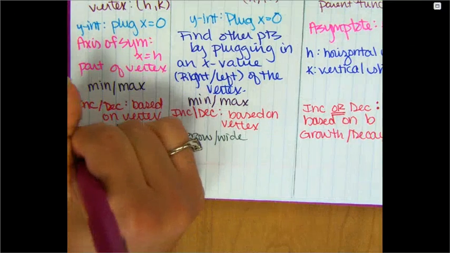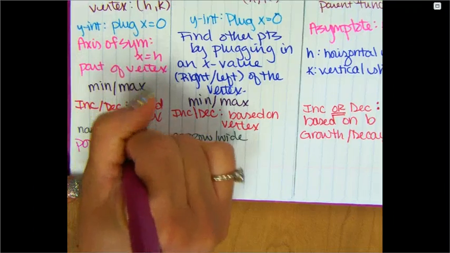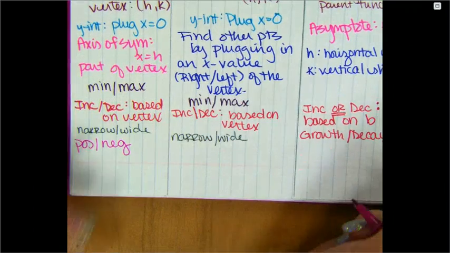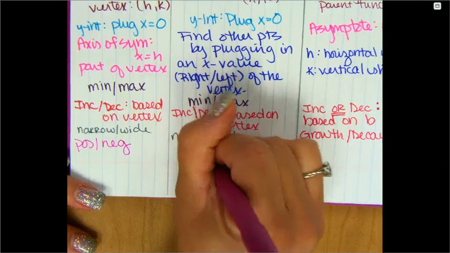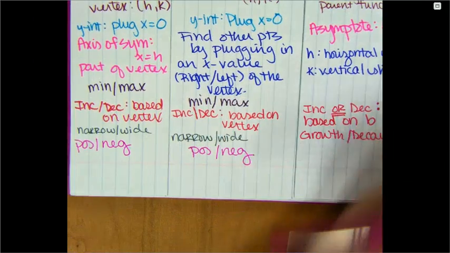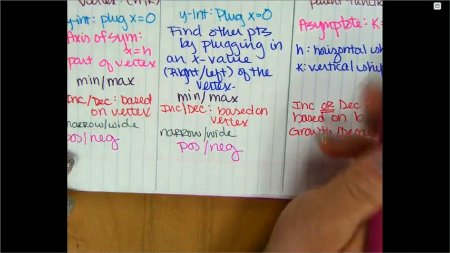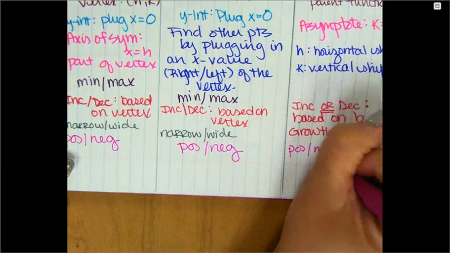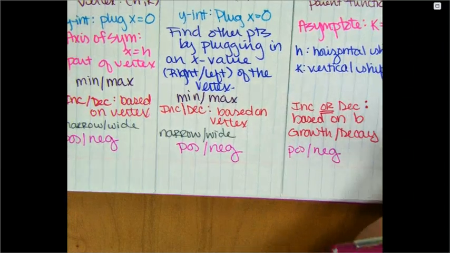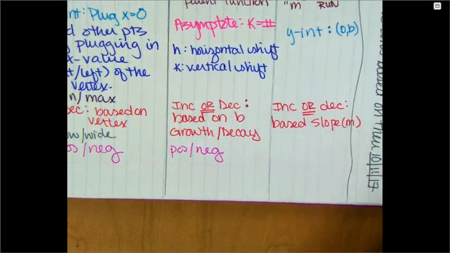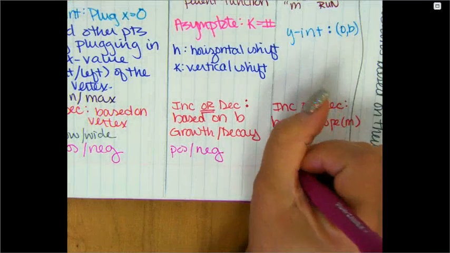Positive or negative. Can absolute value have positive and negative? Yep. Can an exponential have positive, negative? Yes. Can it also just be one or the other? Yes. Same with quadratic, that too works. And in linear, positive, negative?